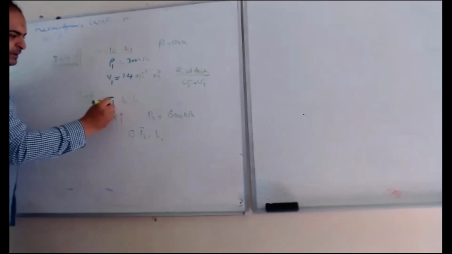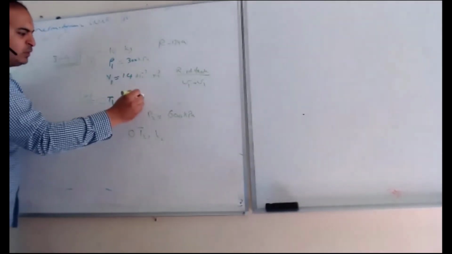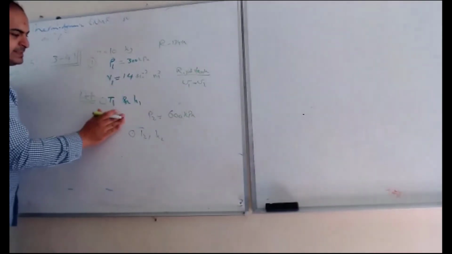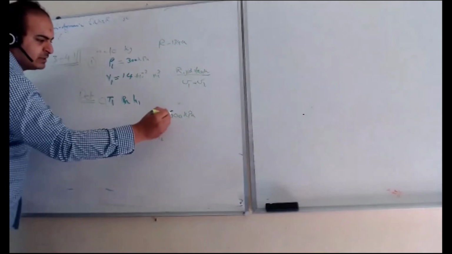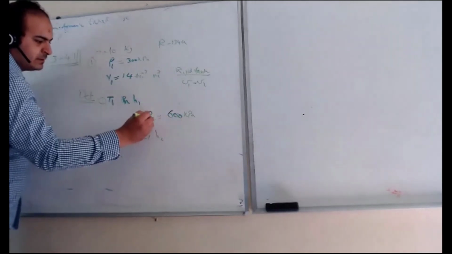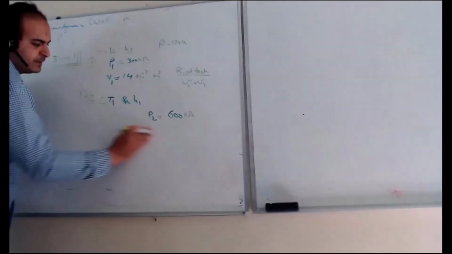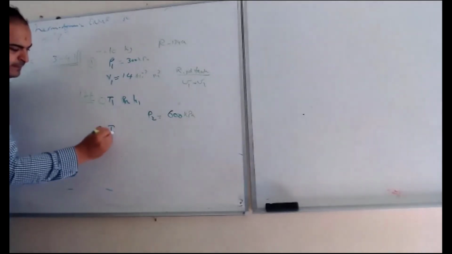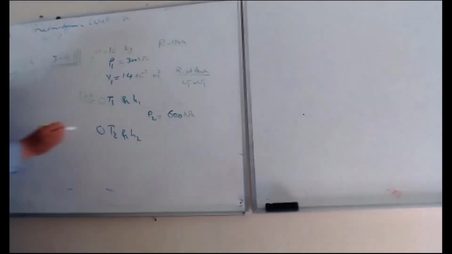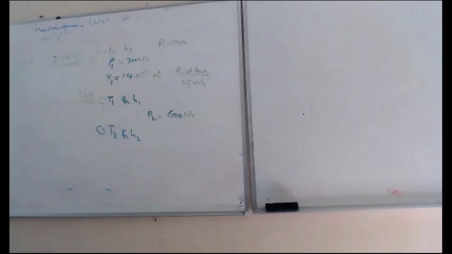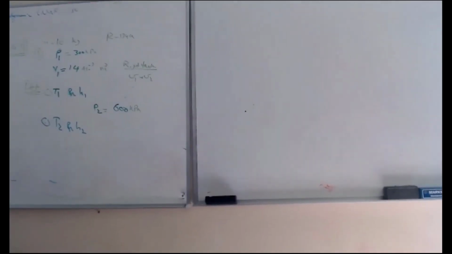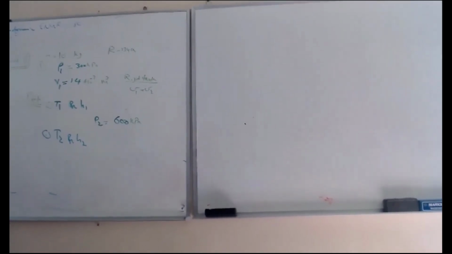So T1 and H1, maybe U1, anything he wants at state 1. He said P2 became 600. The pressure at 2 became 600. I want T2 and H2. Okay? Are you following?